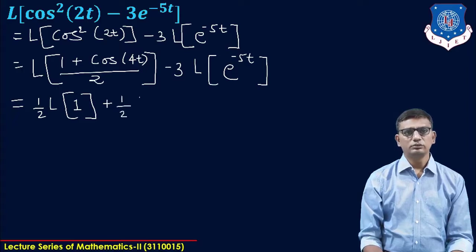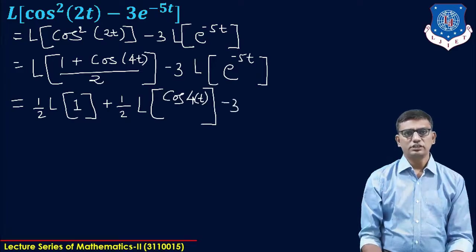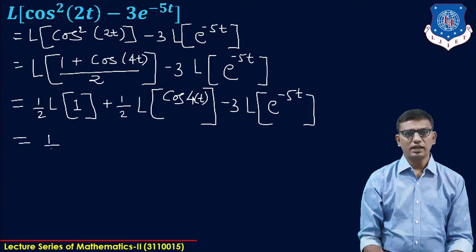Now again 1 by 2 Laplace of cos 4t and minus 3 Laplace of e raised to minus 5t. Now we know the Laplace of 1 is 1 by s, so our answer is 1 by 2 into 1 by s plus 1 by 2.